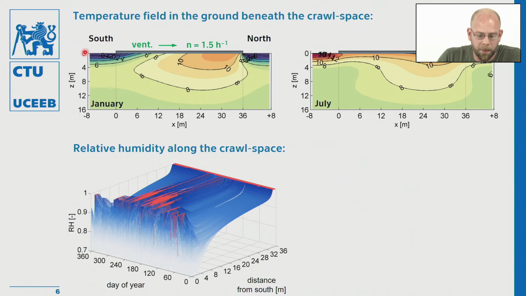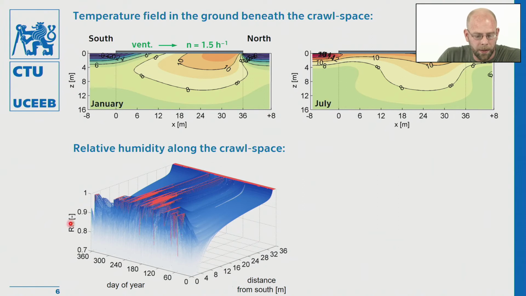On this picture is a vertical section with the temperature field, describing especially the cold entry area of the crawl space, approximately 1/3 of its whole length, which is 36 meters, while the rest is quite stable with respect to temperatures, between 8 and 11 degrees approximately. Very similar temperatures can be observed in the crawl space in July, except for the difference in the entry area.